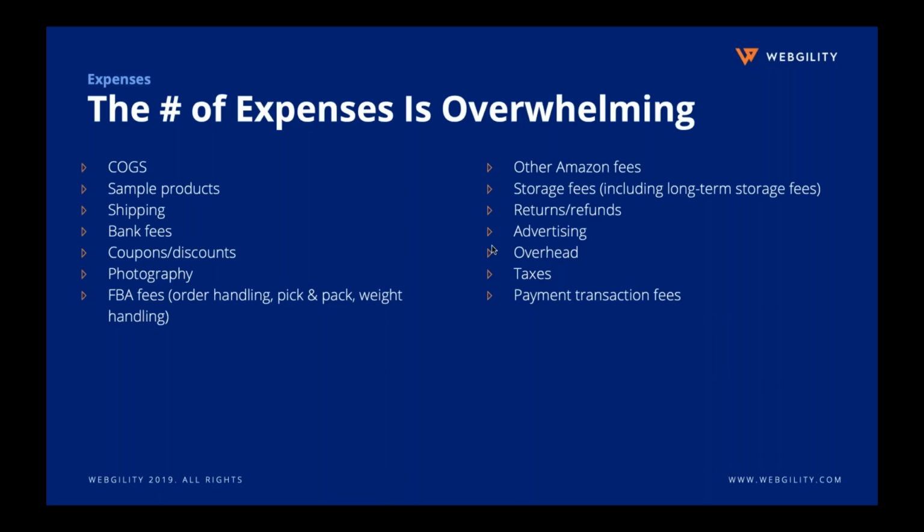Okay. So the number of expenses is pretty overwhelming, especially if you're looking at the area of Amazon. So of course you have the cost of goods sold, the COGS, which also comes into the cost of the product. That usually comes from your accounting software, so you can pull that from NetSuite or QuickBooks. But you have to accurately calculate that. You have to look at the sample products that are coming in.